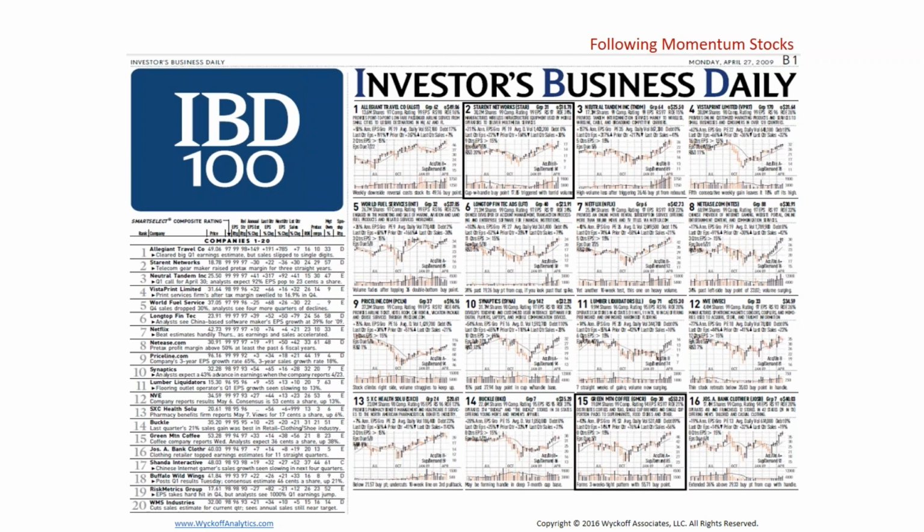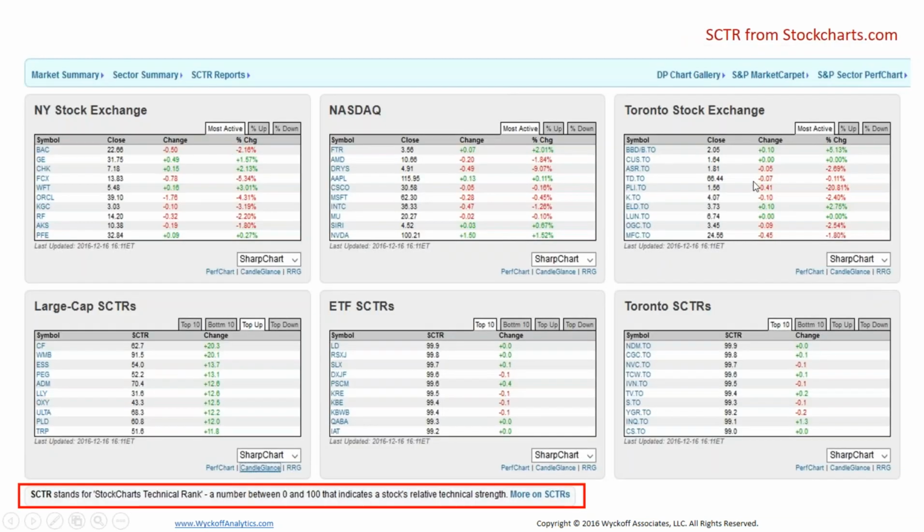But because of the prior leadership, you're going to have an opportunity to go into the stocks, the ones that were outperforming on the previous rallies. So IBD could also be a good source for finding potential selection candidates.